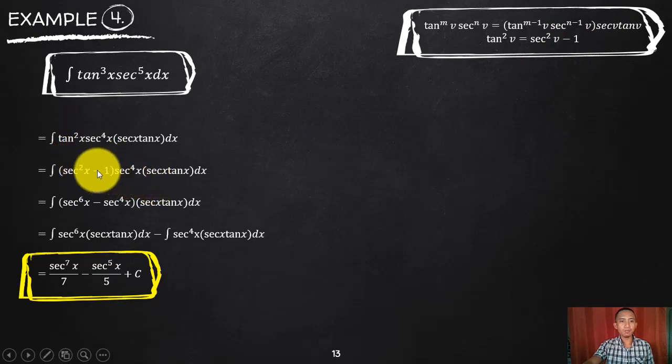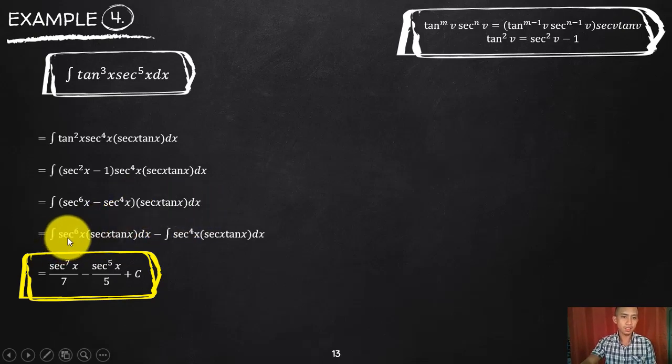Then again, I will put that one inside. That will become secant raised to 6 of x, and then secant raised to 4 of x, and the secant tangent outside with dx is the derivative of secant, which is your function. So we can again just apply the power rule. Okay, so I will distribute.